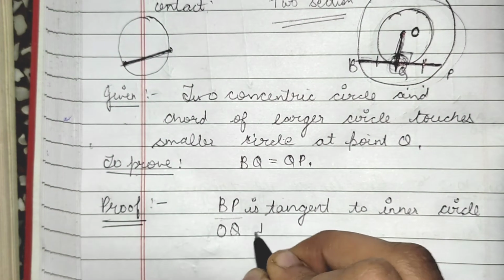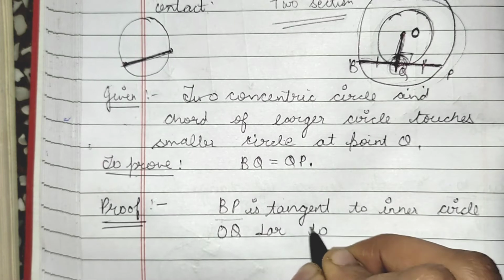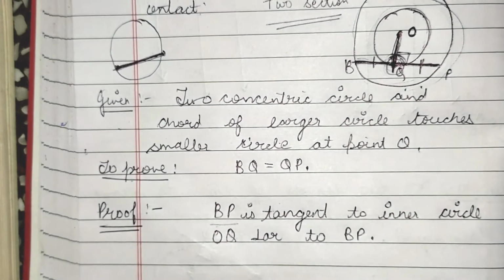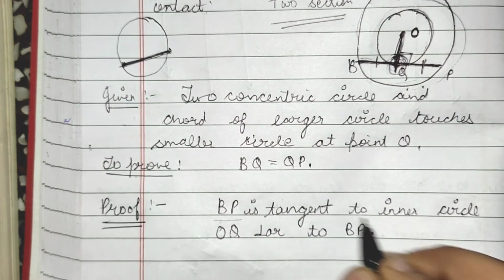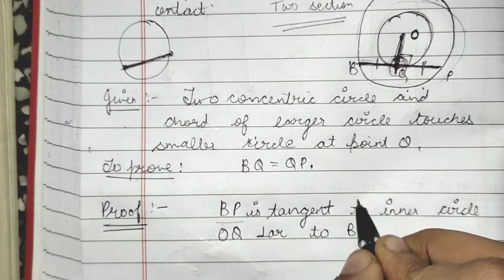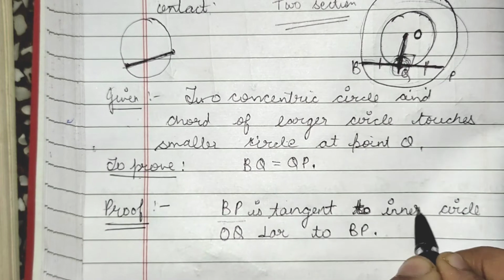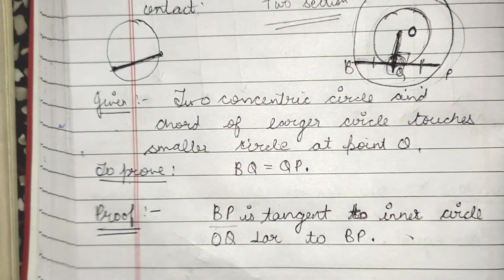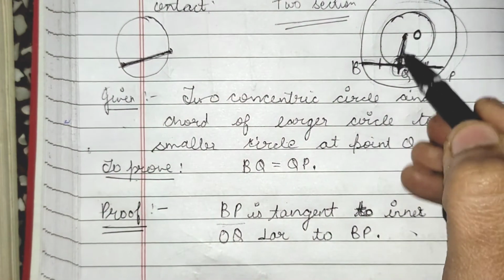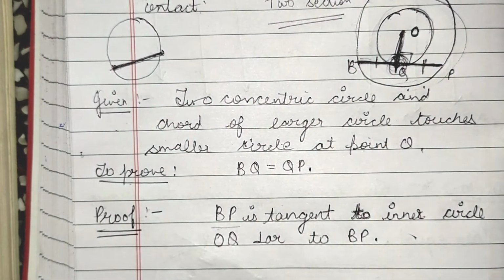That means OQ is perpendicular to BP. We have studied in theorem number 10.1. I have explained this in my previous video. Okay, so if you have not seen my previous video about the circles, so please see that first, right? So moving to this part, OQ is perpendicular to BP.